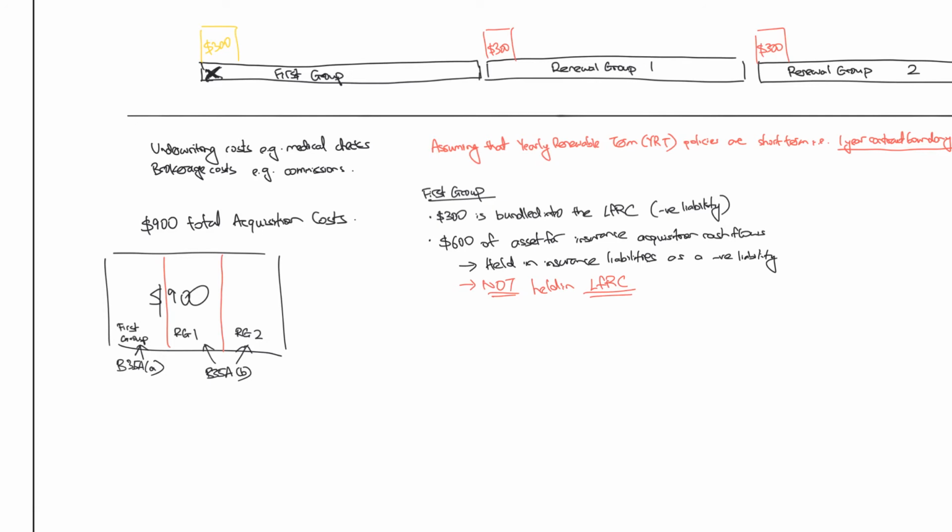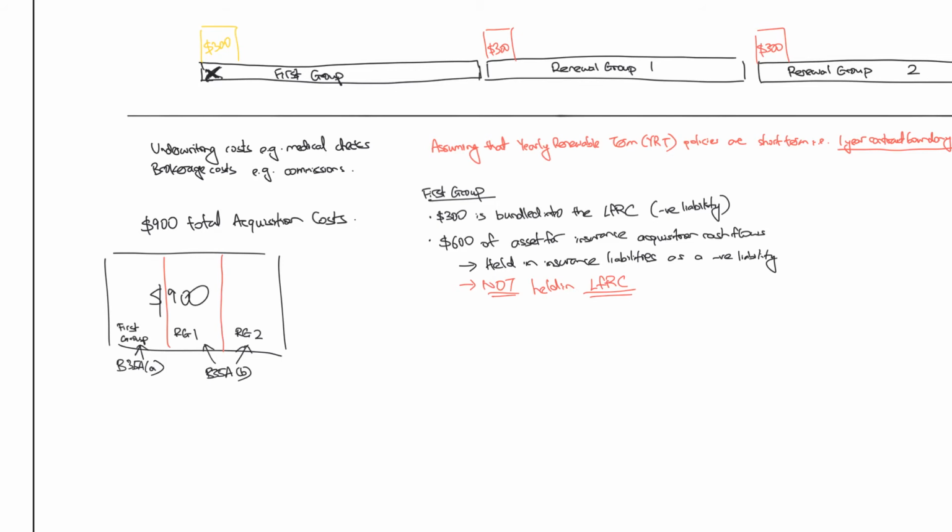And the reason is because these two groups, we're not providing cover for them yet. So there is no remaining cover because the cover hasn't started. So they're really part of insurance. That's why they're in insurance liabilities as a negative liability, but not in here. And LFRC is a subset of this. Okay, just to make that clear.